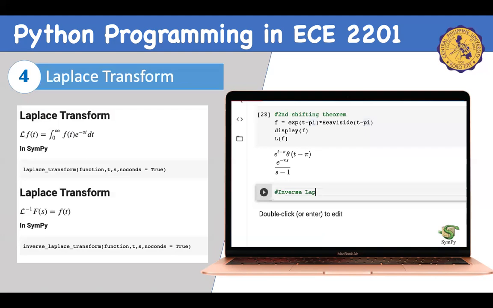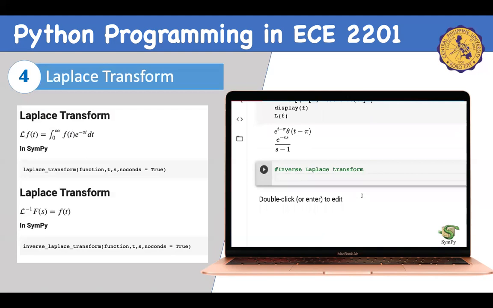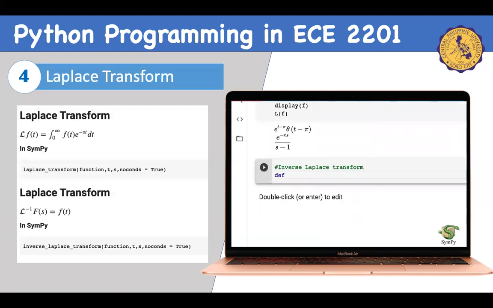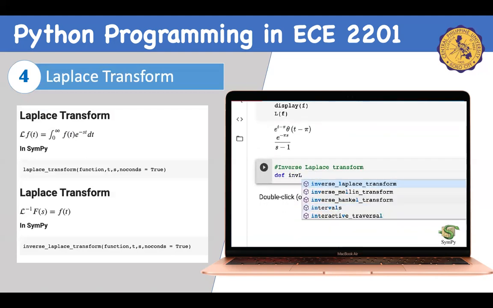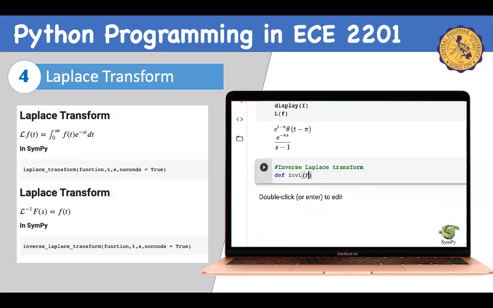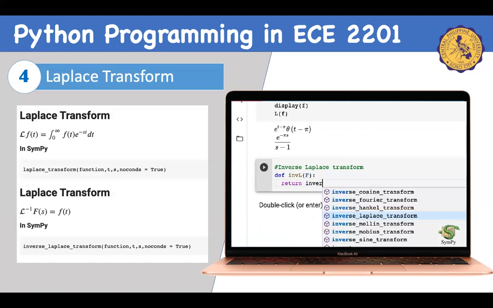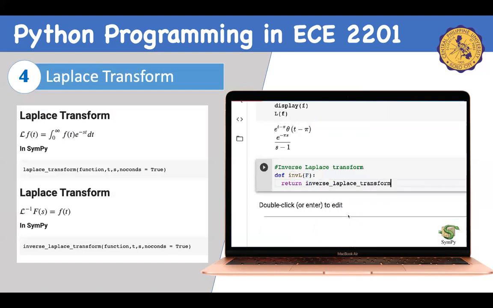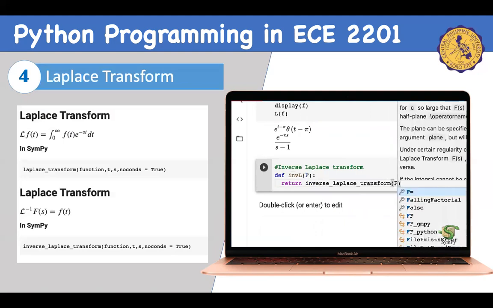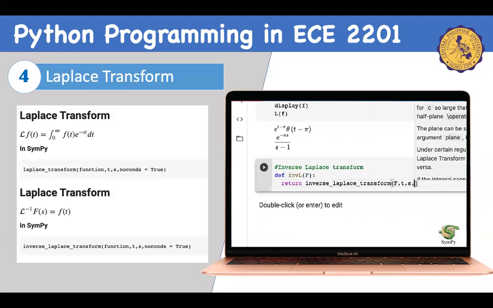Now we go to the inverse Laplace transformation. Let's start by defining. We will define the INVL, so inverse Laplace transform of capital F. That's your argument. So it will return the inverse Laplace transform of F, comma T, comma S, comma no condition true.